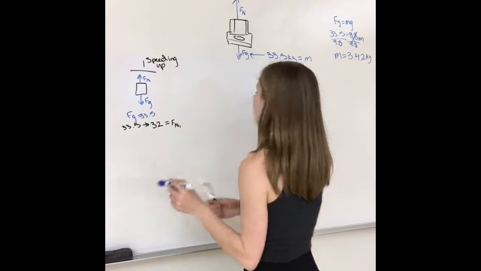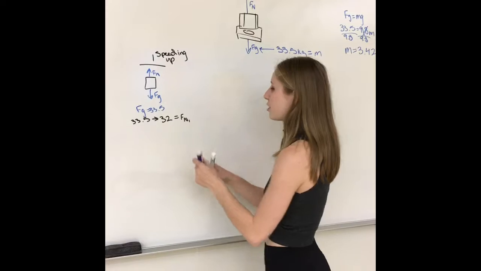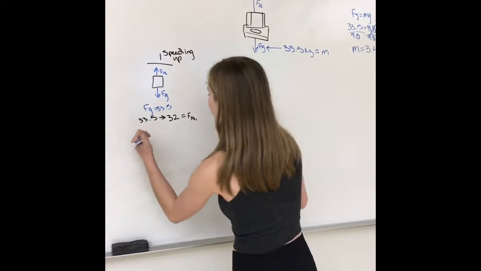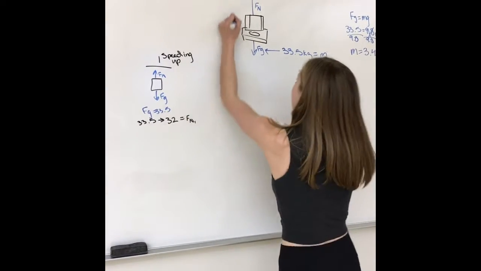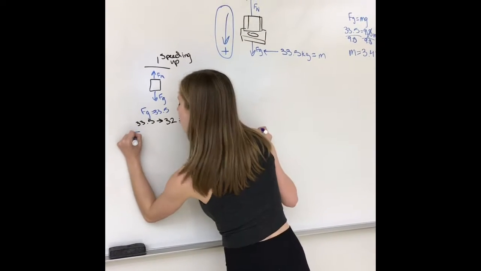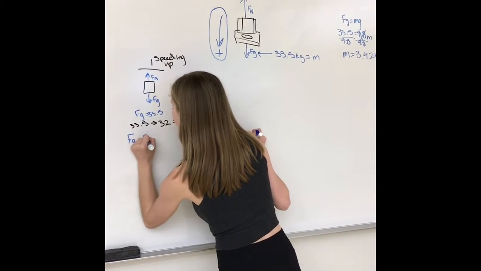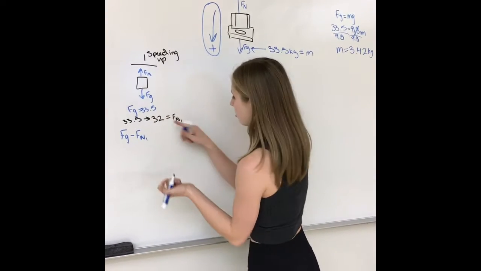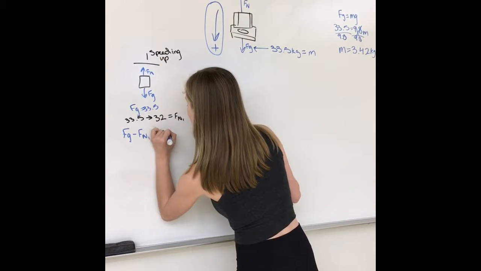So the equation we're going to use is net force equals mass times acceleration to find acceleration. So we're going to do force of gravity, because down is positive, minus force of normal 1, which is 32, equals mass times acceleration.